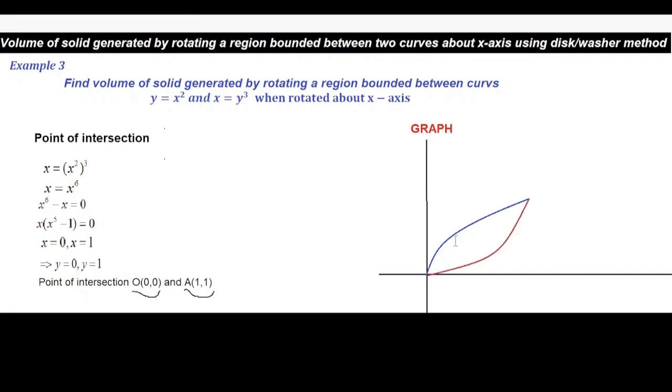And the second graph, y is equal to x square. They are intersecting at the points 1, 1 and 0, 0. So the region which is bounded between the curves is this region. So we can shade this region.